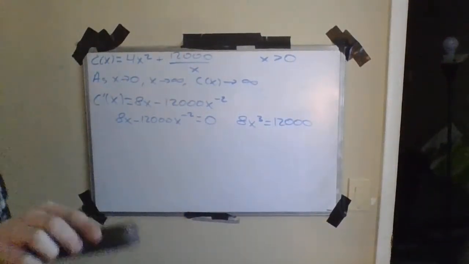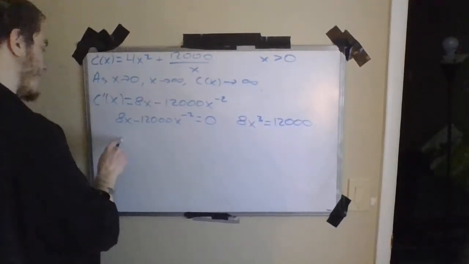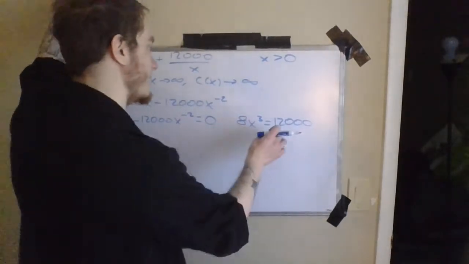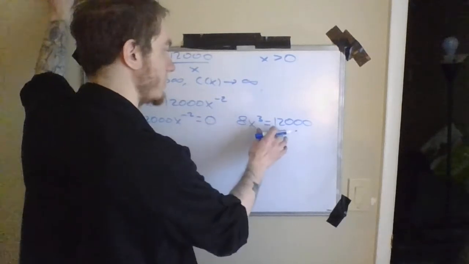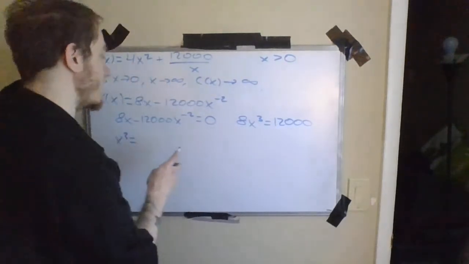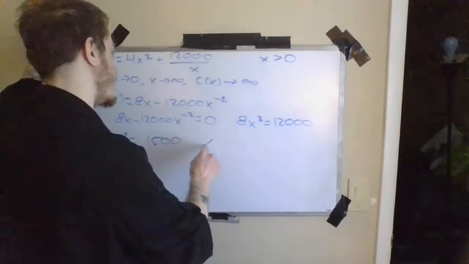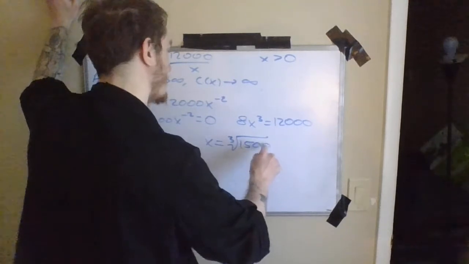And that means that x cubed is equal to, let's see, if I take 12 divided by 8, that's 3 halves, so this is 1,500. So x cubed is equal to 1,500. That means x is equal to the cube root of 1,500.